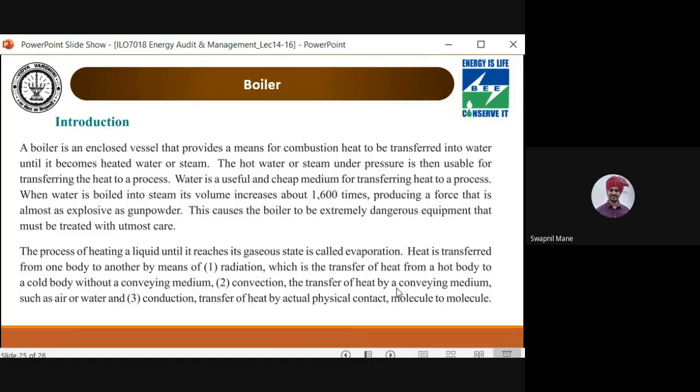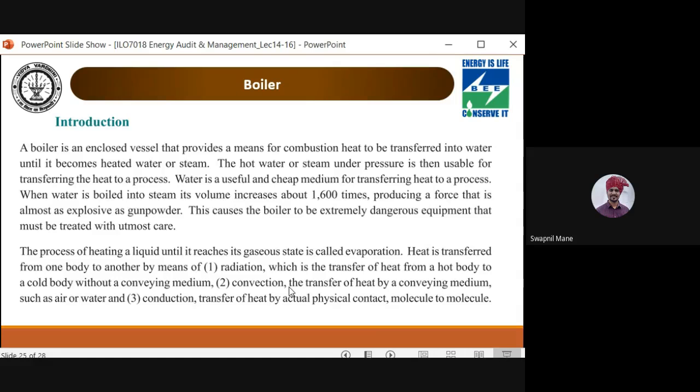So there is a medium through which the convection takes place, or in general, the movement of molecules from one portion to another is called convection, such as air or water. And conduction is a transfer of heat by actual physical contact, molecule to molecule. Conduction also has two parts: by means of lattice vibration and by means of transfer of molecules, so transfer of energy by molecules.